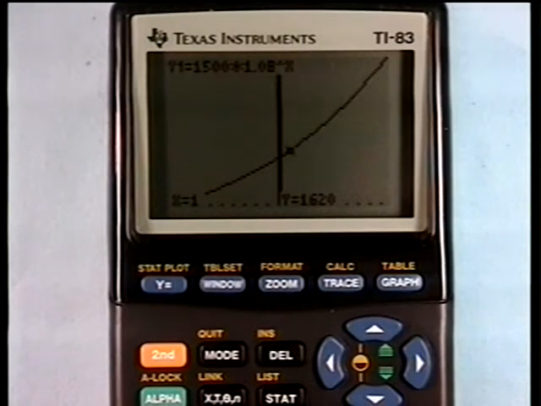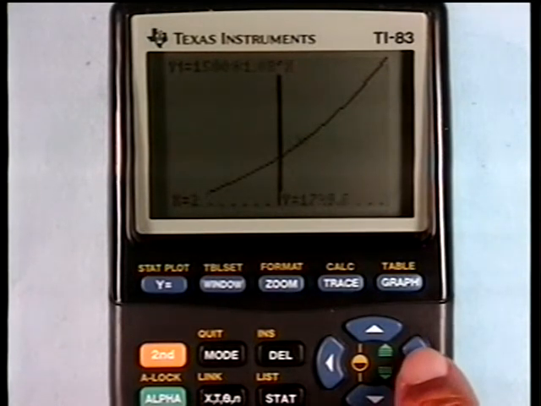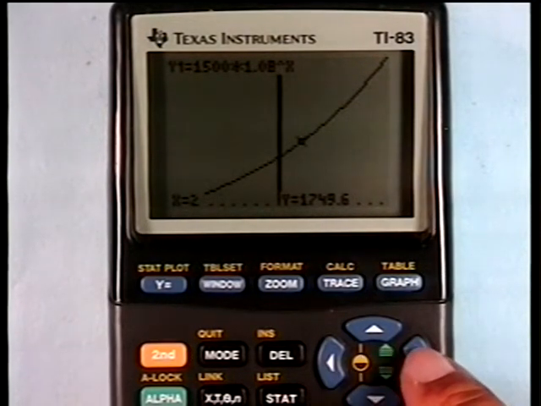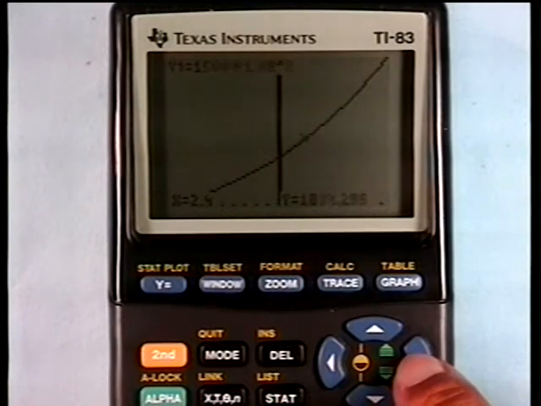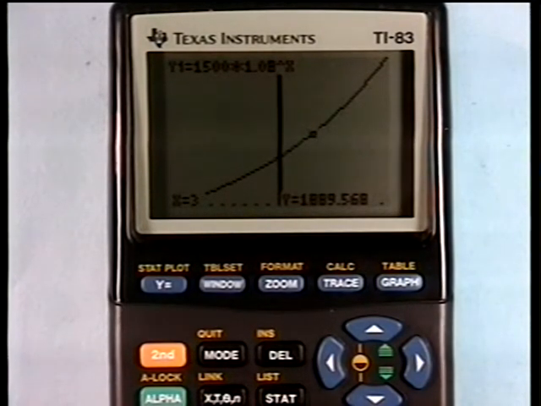You remember in the table, after 1 year, we had $1,620. After 2 years, let's see if we can get a match here. After 2 years in our table, we came up with $1,749.60. After 3 years, the money generated by having invested $1,500 at 8% interest is $1,889.57.